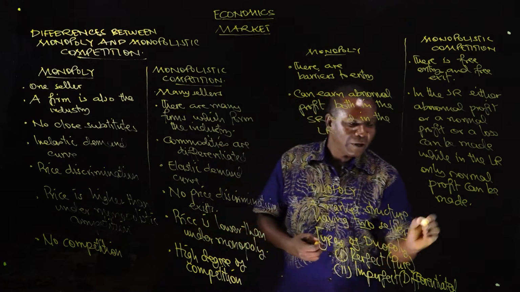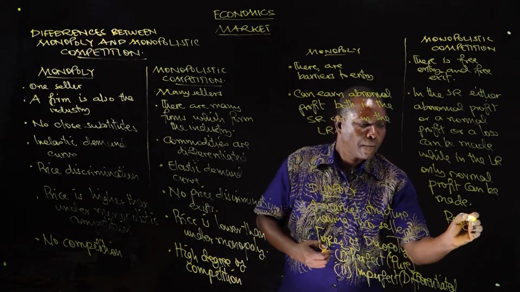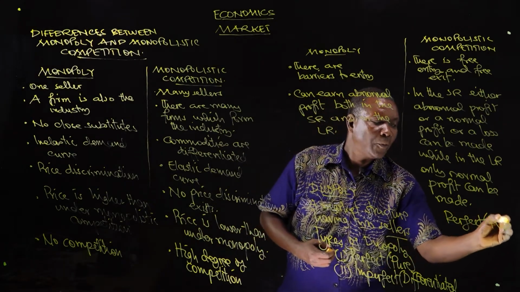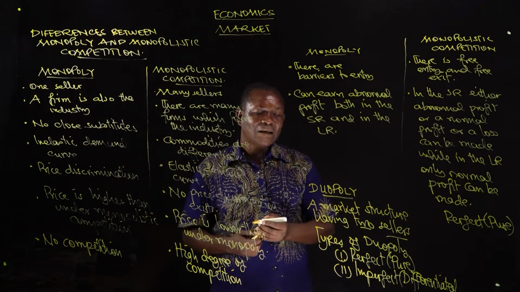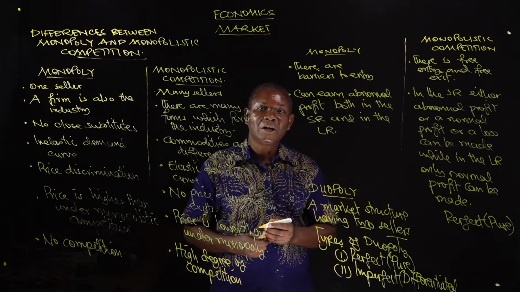With perfect duopoly, or pure duopoly, the two sellers supply homogeneous commodities.